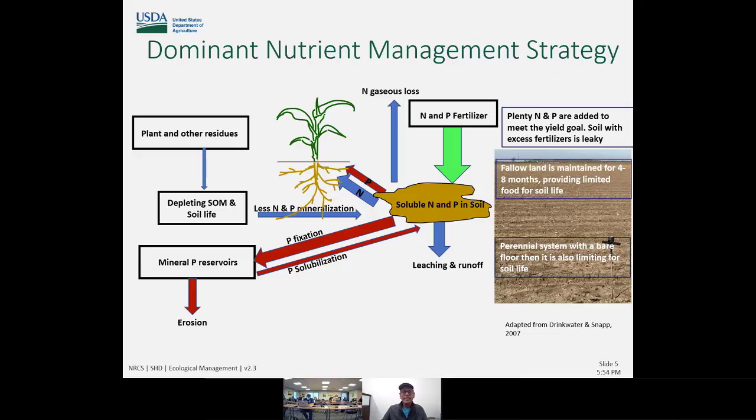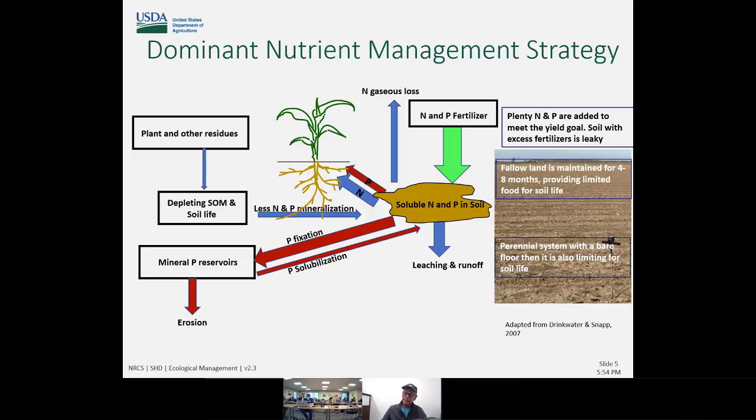Some of the phosphorus is fixed in the soil, because soil phosphorus is really reactive, and a little bit of phosphorus is coming to the soil solution. And in this case, phosphorus is also lost with soil erosion.